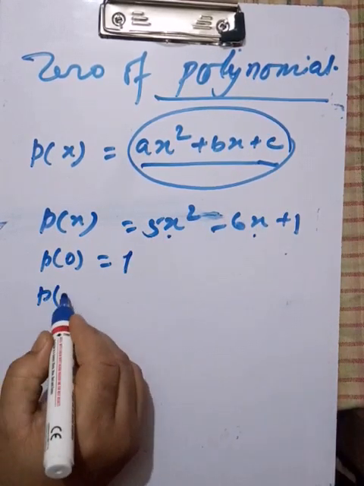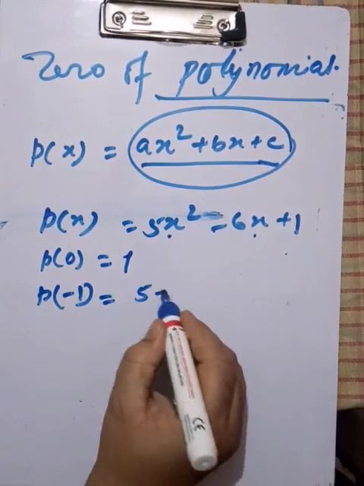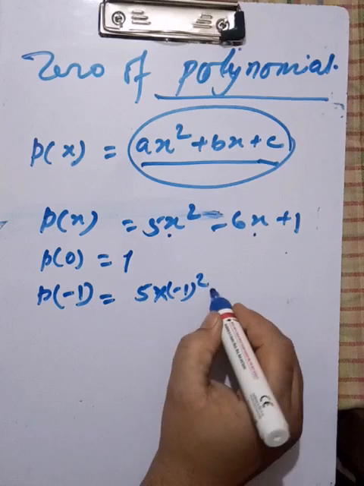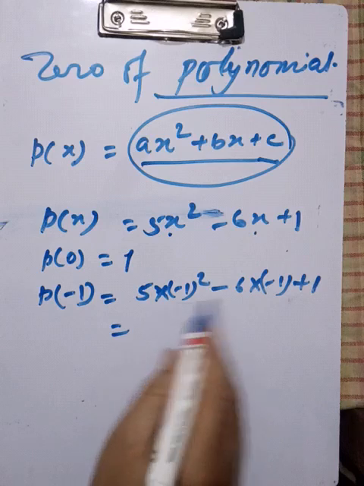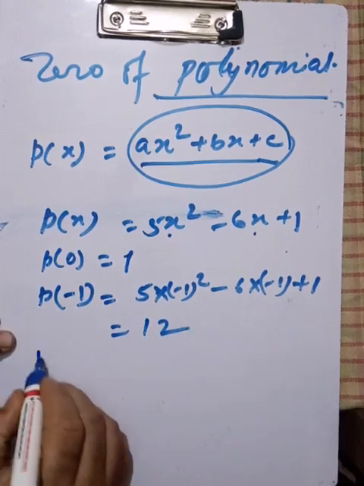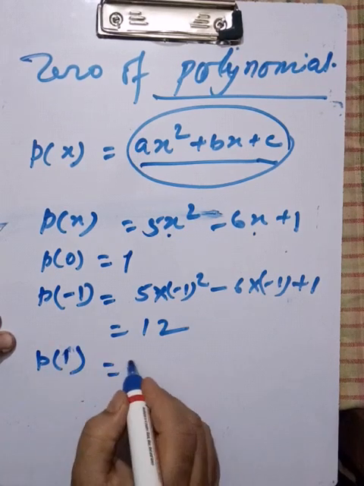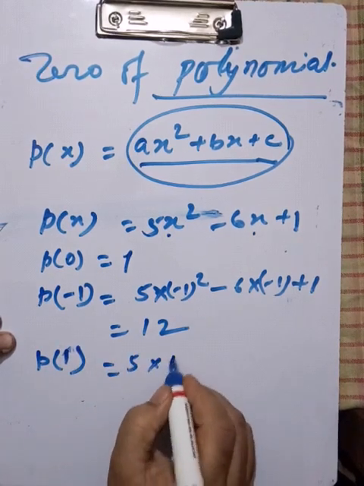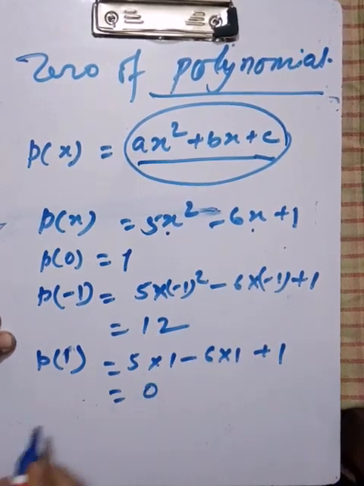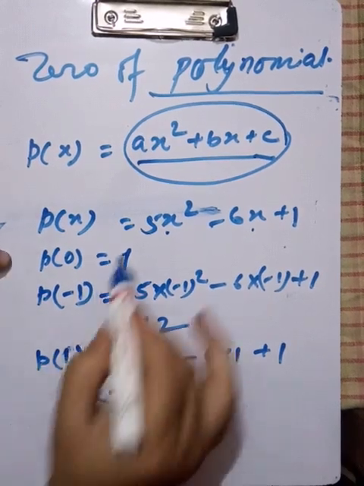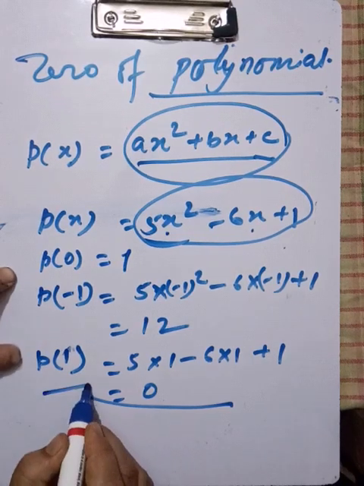Suppose you put x as minus 1, you get 5 into minus 1 square minus 6 into minus 1 plus 1. So here you get 12. But if you put 1 in place of x, you get 5 into 1 minus 6 into 1 plus 1, which is 0. So the value of this whole polynomial becomes 0 for x equal to 1.